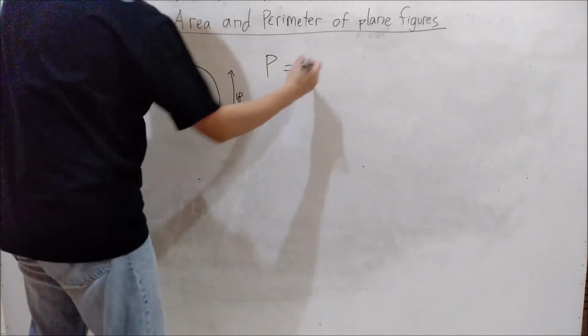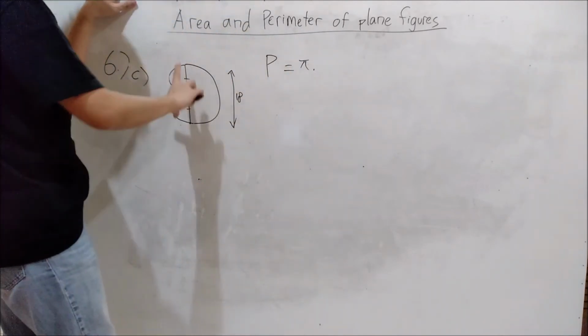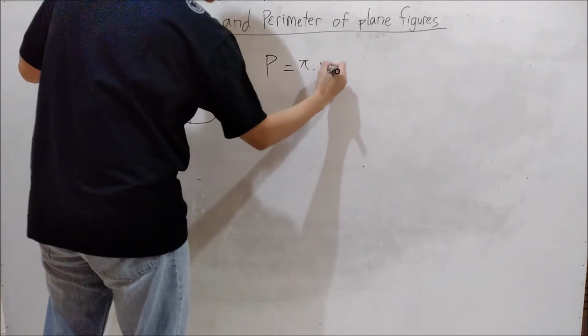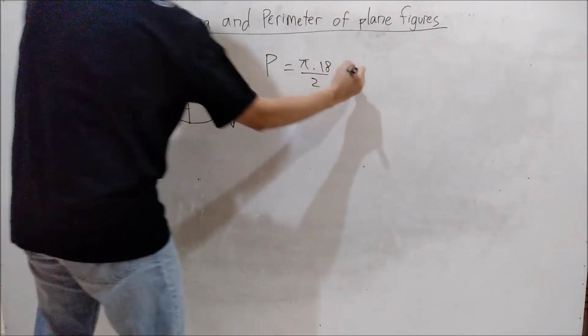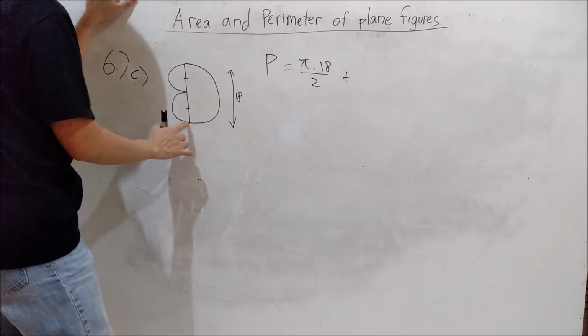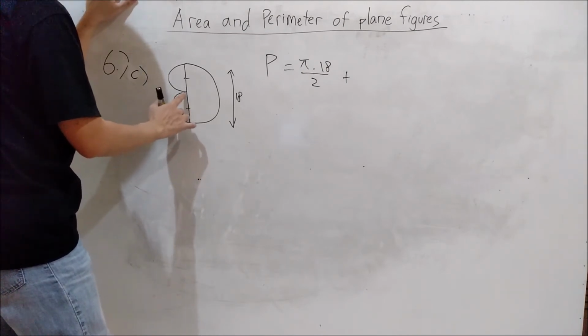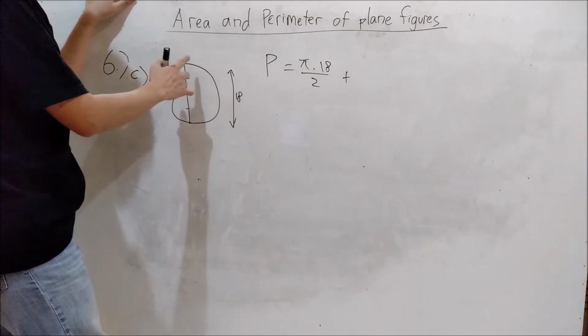The big semicircle is pi times diameter. The diameter of the big semicircle is 18, divided by 2 because it's only half of it. Plus, you will need to find the perimeter of the small semicircle, and then you will times it by 2 because it's twice.